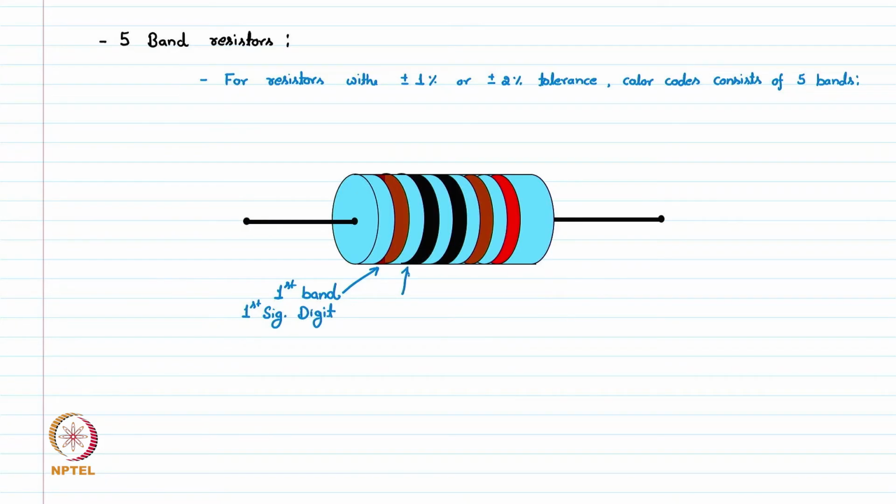This second band is the second significant digit. The third band is the third significant digit.